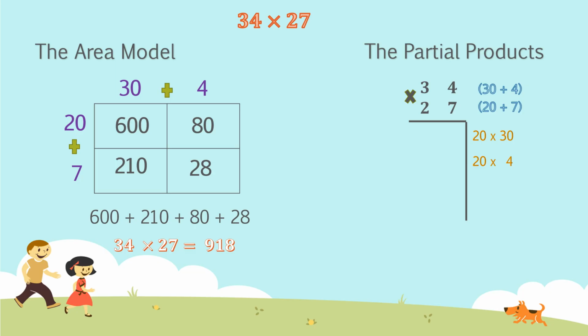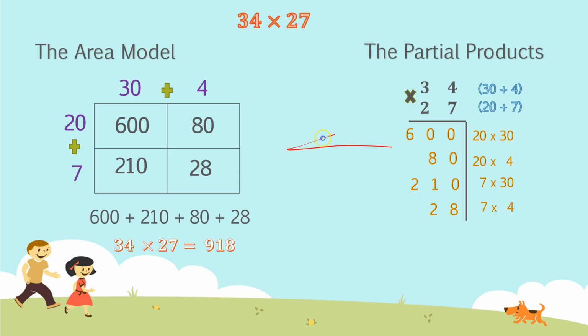And here we would have 7 times 30 as another partial product, and then 7 times 4 is another partial product. So when you have a 2 by 2 rectangle like you see, we would have 4 sub-rectangles or 4 partial products. And partial products are 600, 80, 210, 28.